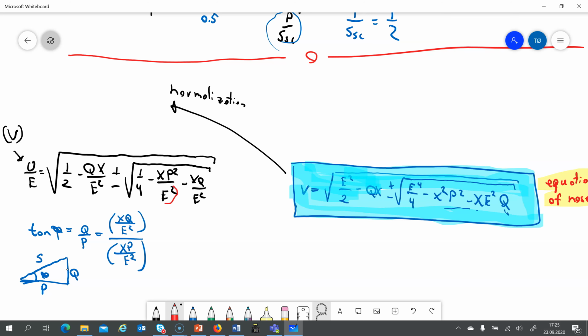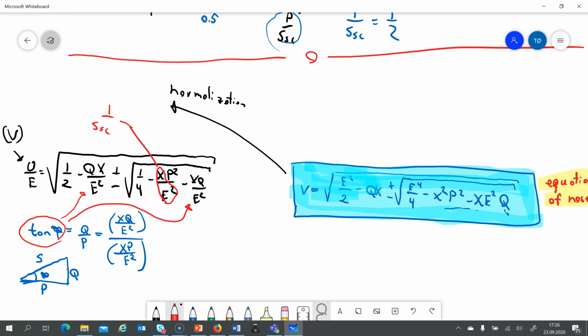So if you look at this equation, this is actually 1 divided by the short circuit ratio here. And then we can use this tan phi relationship both in here and here.